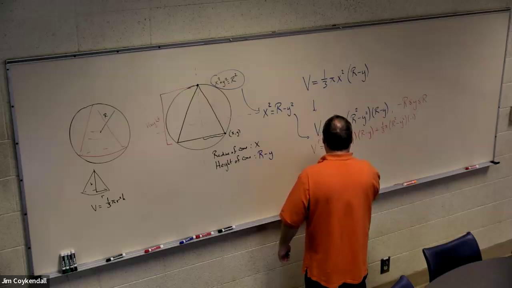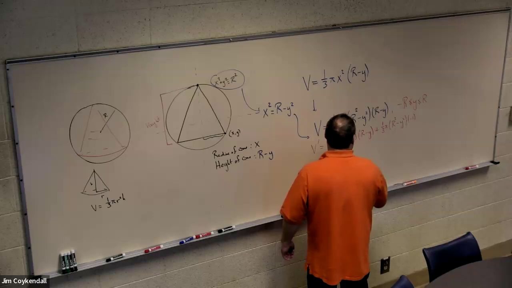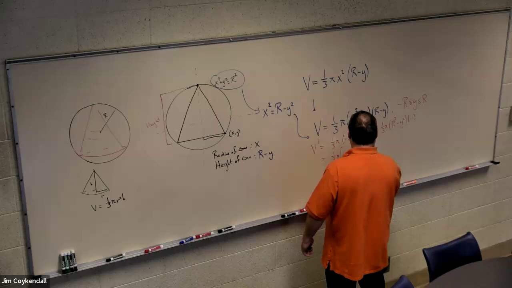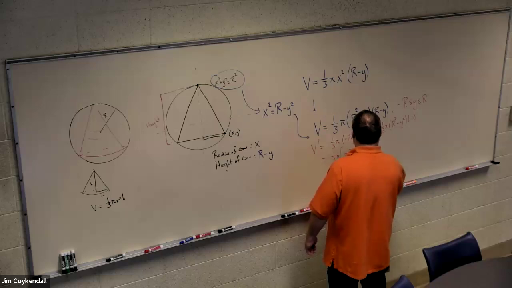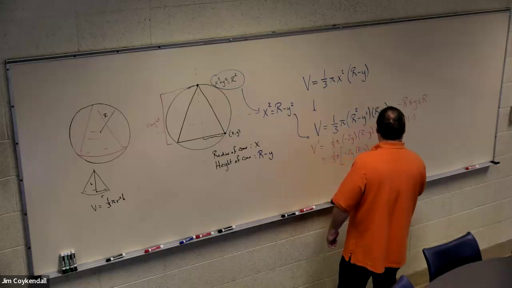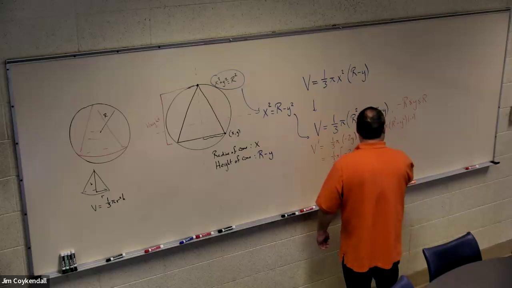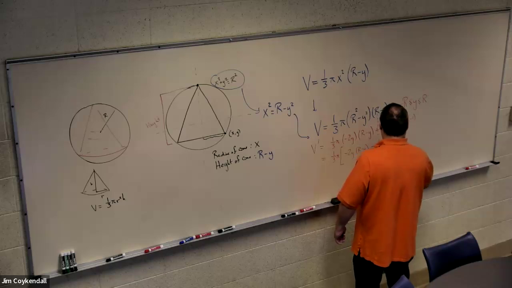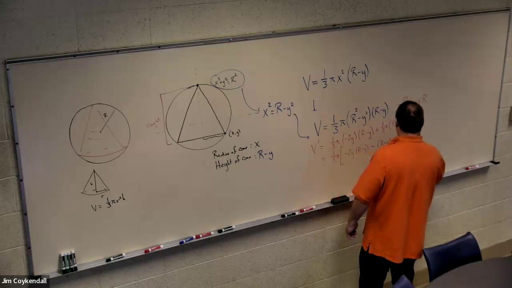So let me massage this. I can pull 1/3 pi out. This gives me minus 2y (r minus y) plus minus (r minus y) r.